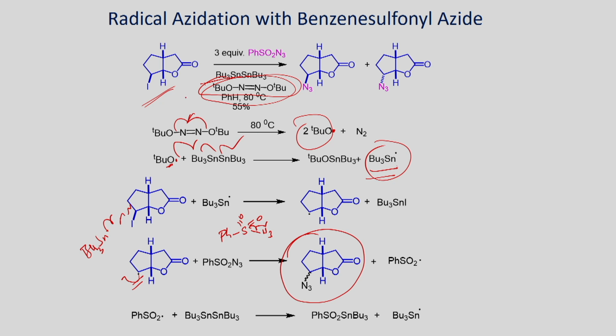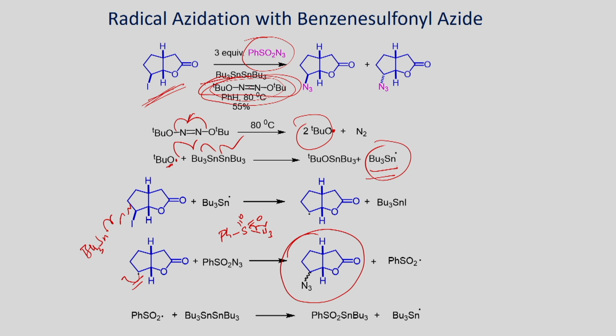So, in this way, for example, if you have this bicyclic lactone which has the halogen substituent which can be readily reacted with this sulfonyl azide in the presence of tin reagent, where we use this as a radical initiator.